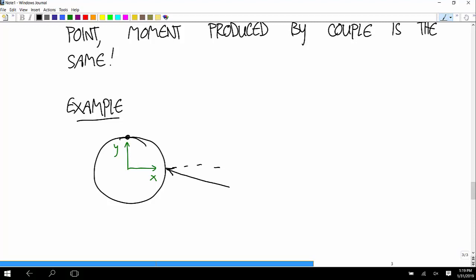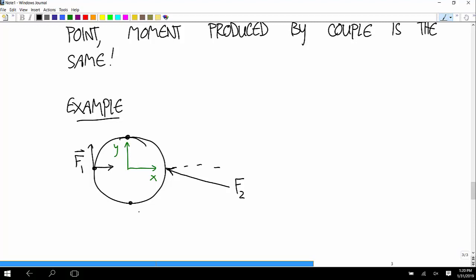So let's say that this force is F2. And on the other side, there's an unknown force vector. We'll call it F1.